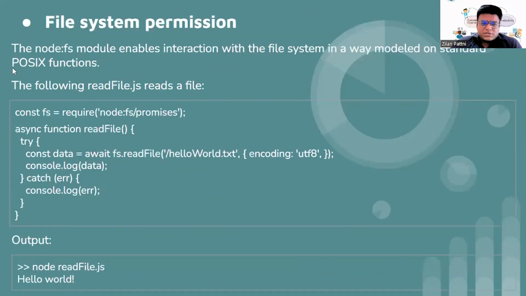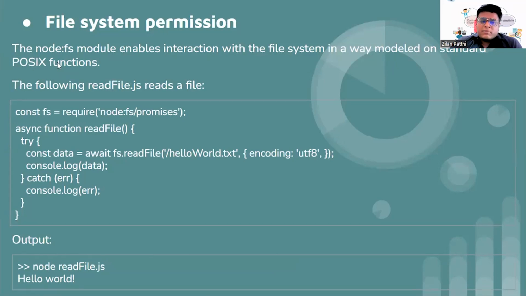Here you can see the file system permission. Node.js file system permission, through the Node fs module, enables interaction with the file system in a way modeled on standard POSIX functions. Here you can see the example: the code tries to read a file from readfile.js.